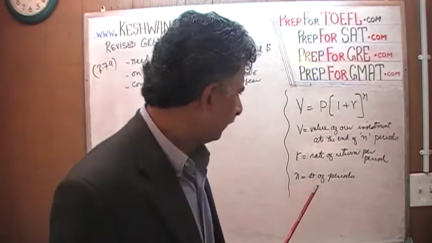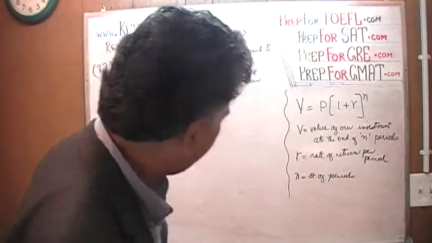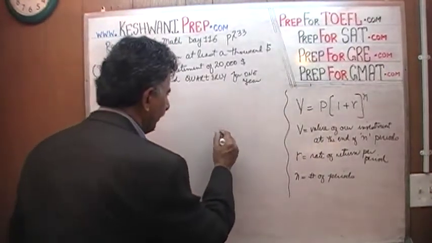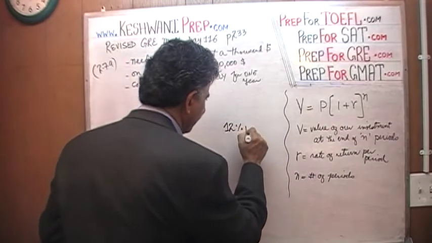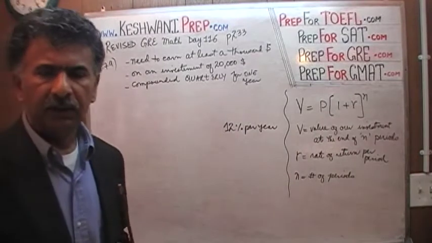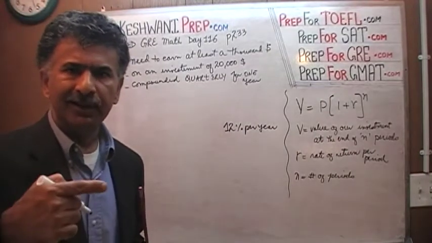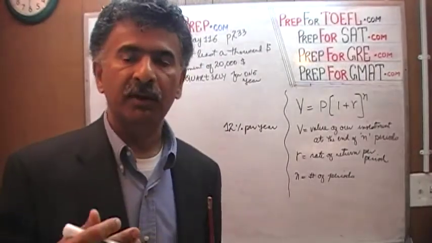But anyway, R is the rate of return per period. So for example, if they tell you the bank is going to pay you 12% per year, and the interest is going to be compounded every month, then we are dealing with a monthly scenario because it's being compounded every month.